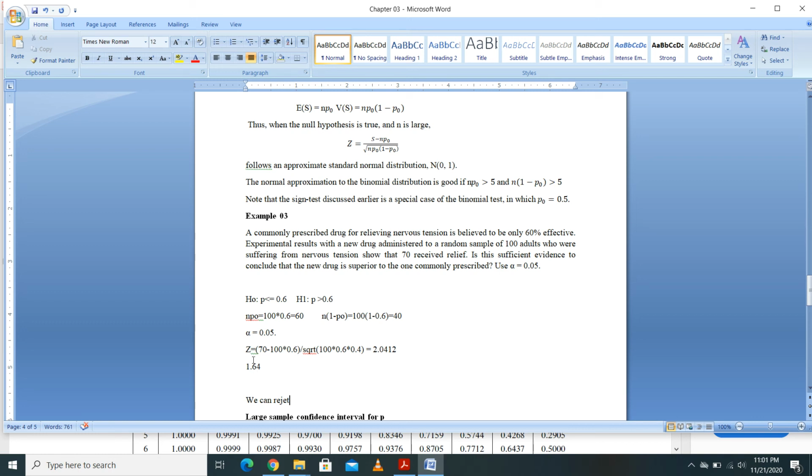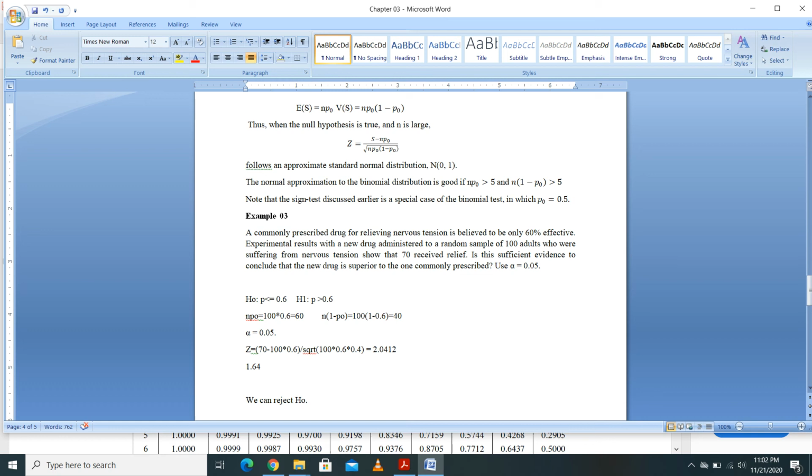If the critical value were negative, let's say minus 1.64, then your test statistic should be less than this critical value to be inside the critical region. Since this is a positive number, you need your test statistic greater than this critical value in order to get it inside your critical region. In our case, it is inside our critical region, so we can reject H naught.